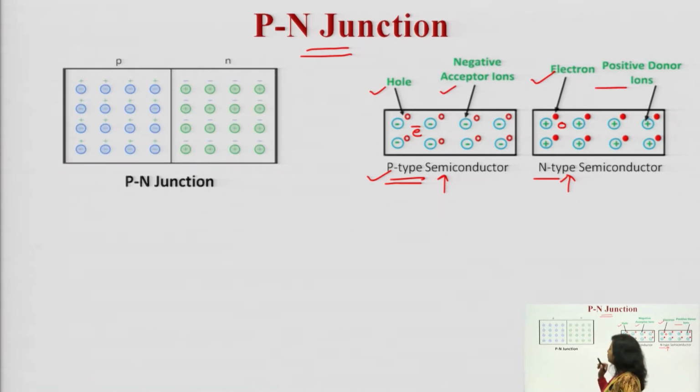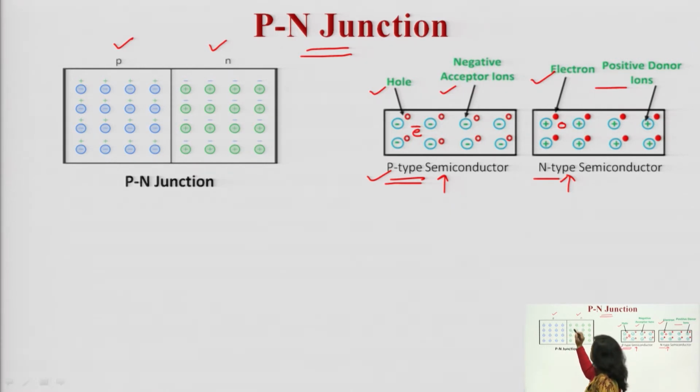You can see this in the diagram. Here, a P-type semiconductor is joined with an N-type semiconductor. In the P-type semiconductor, majority charge carriers are holes and minority charge carriers are electrons, while in the N-type semiconductor, majority charge carriers are electrons and minority charge carriers are holes.